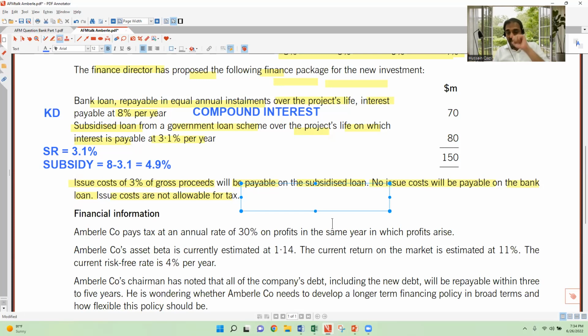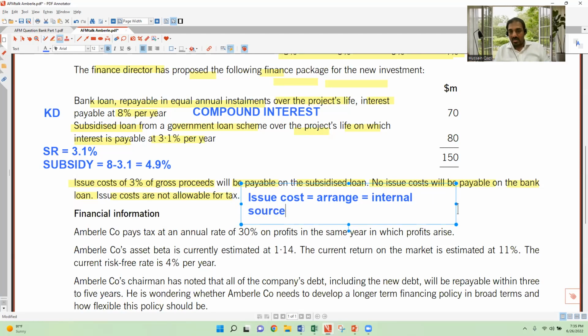If the examiner is silent and nothing is mentioned about where we can arrange the issue cost, we can take any assumption. So here we assume that the issue cost is arranged from an internal source, the retained earnings. You can also assume external finance. What's the difference?